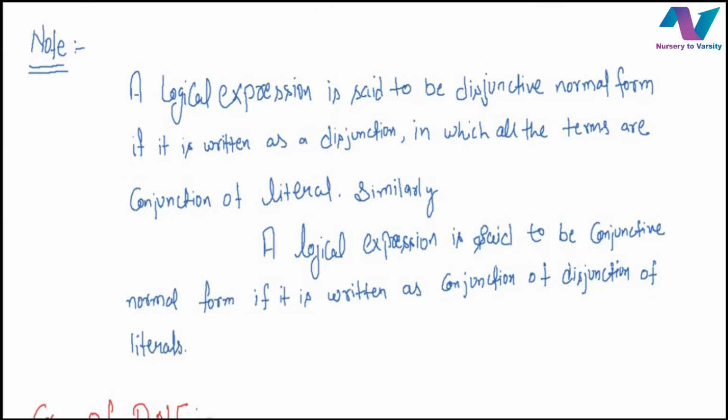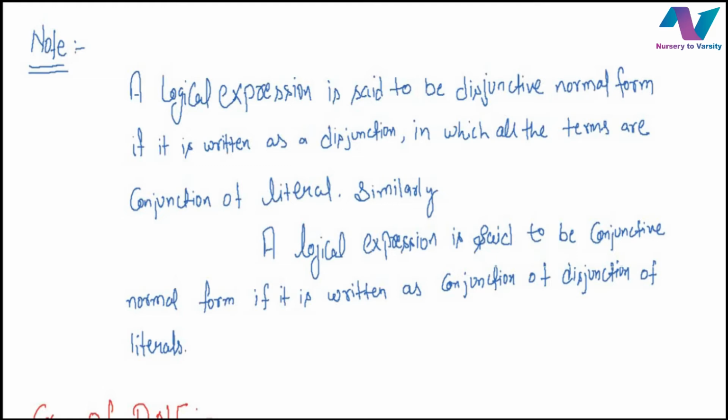So this is one most important statement. You can write this into your notebook: a logical expression is said to be in disjunctive normal form if it is written as a disjunction in which all the terms are conjunctions of literals.